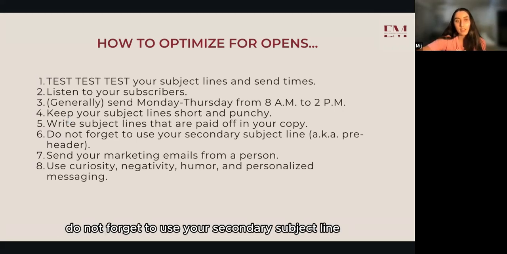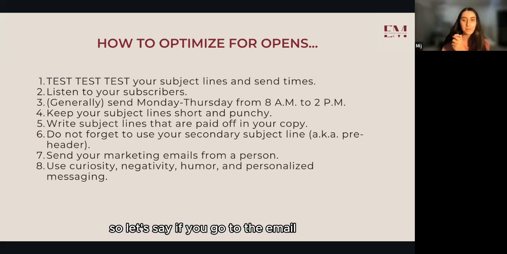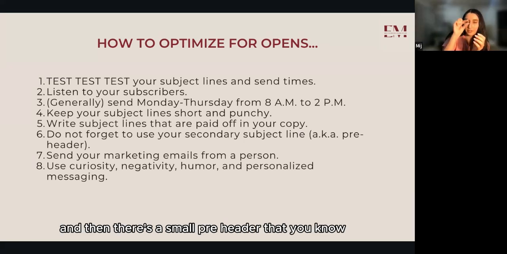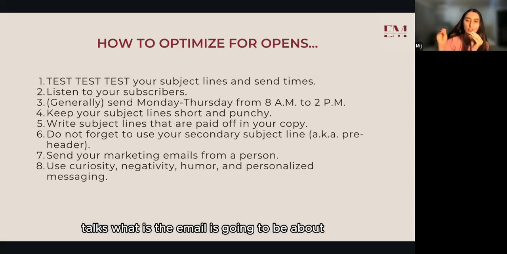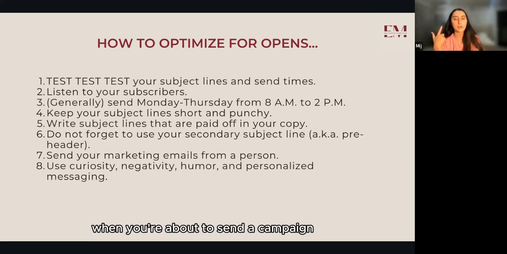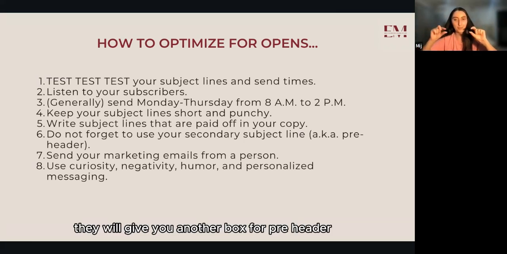Do not forget to use your secondary subject line, also known as the pre-header. When you receive an email, you can see the subject line, and then there's a small pre-header that talks about what the email is going to be about. Usually when you're about to send the campaign, they ask you to fill out the subject line, and then give you another box for the pre-header.